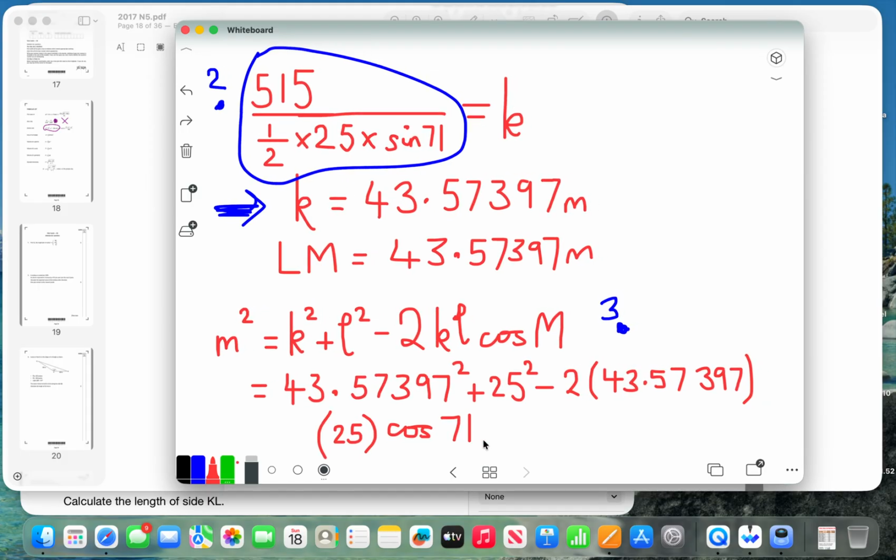And this would be the fourth mark, for this substitution. So that is mark 4.